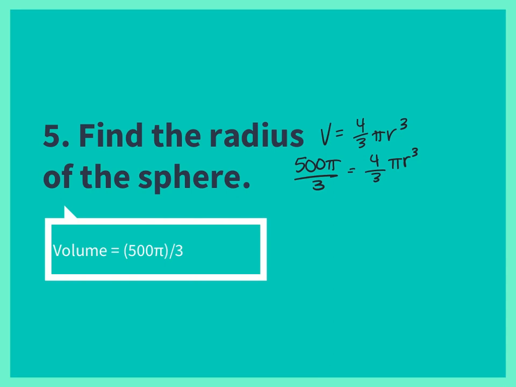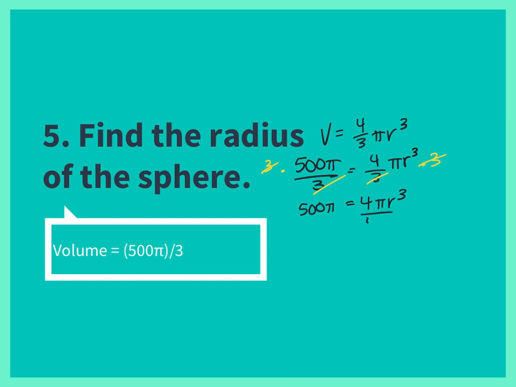What I'm going to do first is I am going to clear the denominators. So if I multiply both sides by 3, it clears my denominators. Here, here, here, and here. So I don't have to deal with those fractions. So I have 500 pi equals 4 pi r cubed.